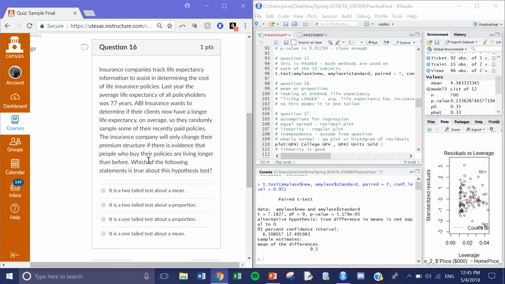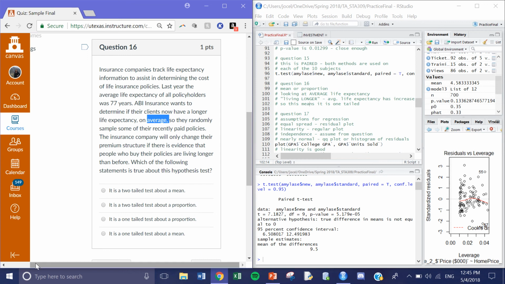First, let's talk about whether it's talking about a mean or a proportion. There are a couple of hints in here. It says the average life expectancy. It says they want to know if their clients now have a longer life expectancy on average. Those are our two main hints that this is about the mean life expectancy.